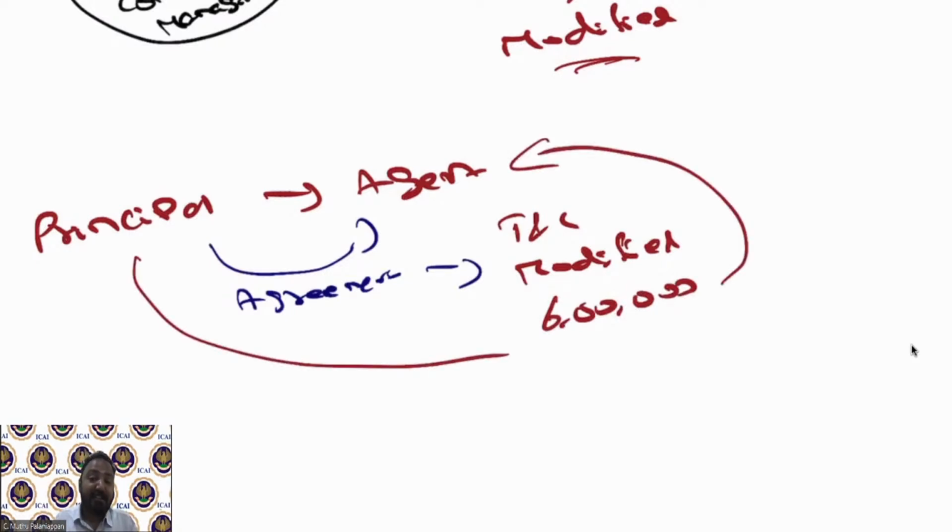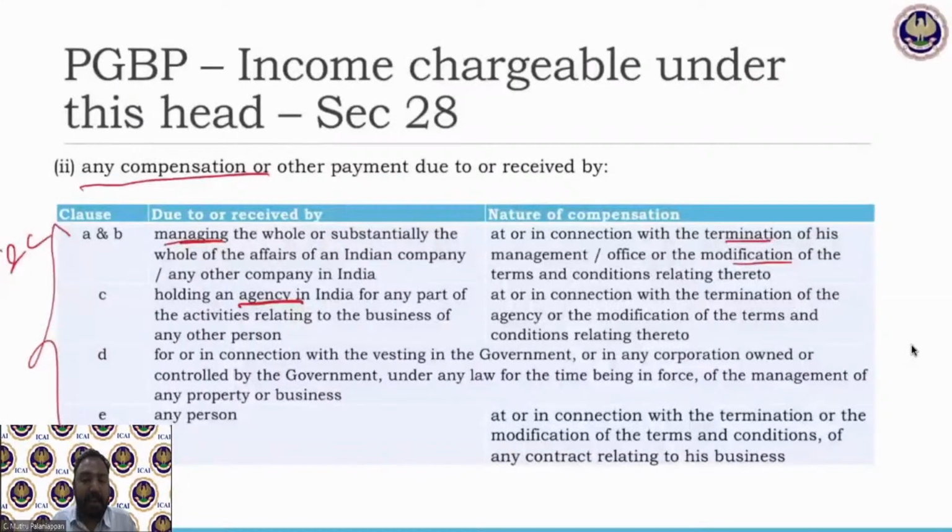Now this 6 lakh is an income to agent under Section 28, Clause 2. So that's what this refers to. So holding an agency, principal paying agent for any change. It could be termination also, change also. So termination or modification. And similarly, any two organizations, if one person receives from the other organization, it will be covered under this section.